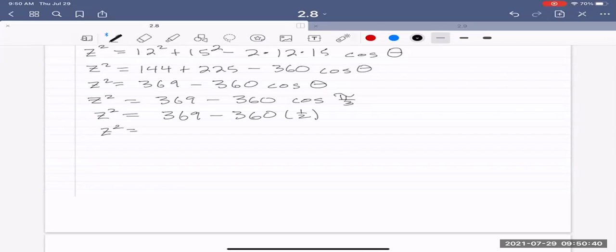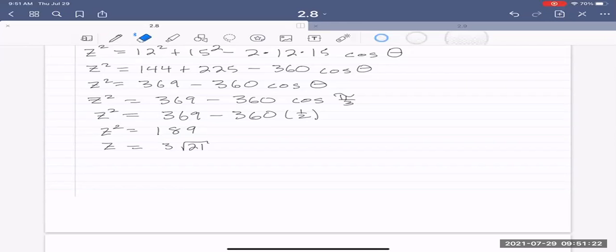So subtract 180. So 189. So z is the square root of 189, which, you can divide by 9, that gives you 9 times 21. And so 3 rad 21. It's plus or minus, but of course, we're dealing with lengths here, so I'll just give you the positive answer.